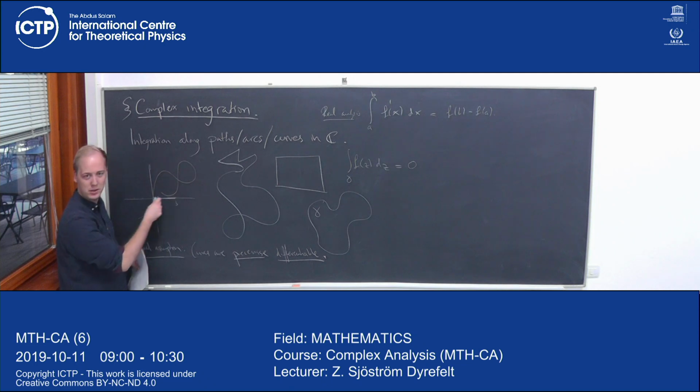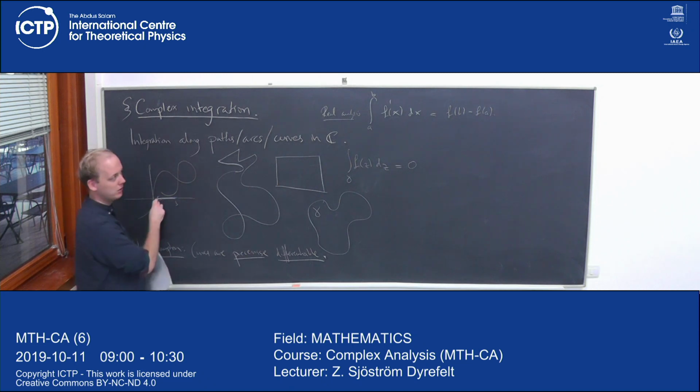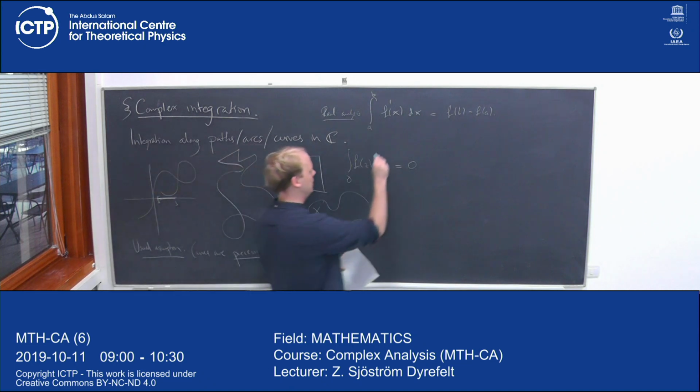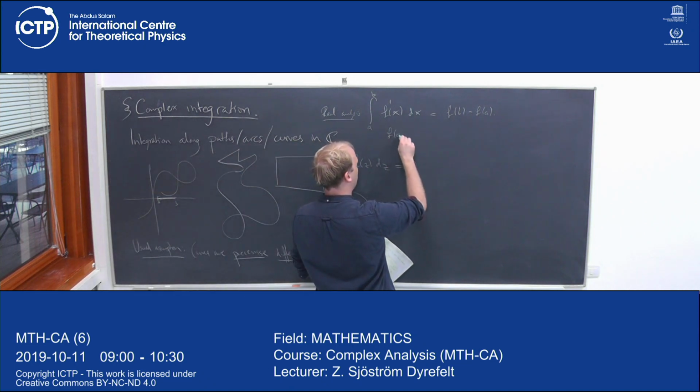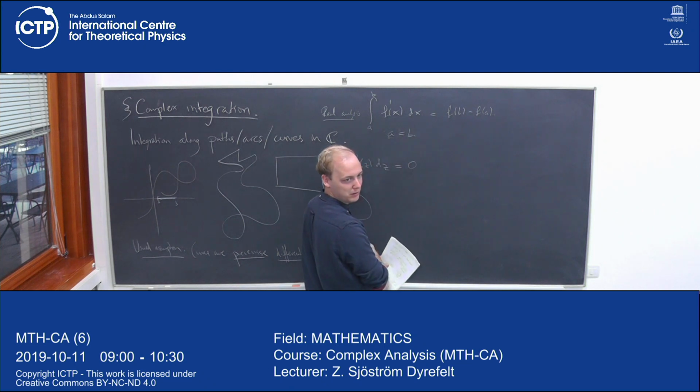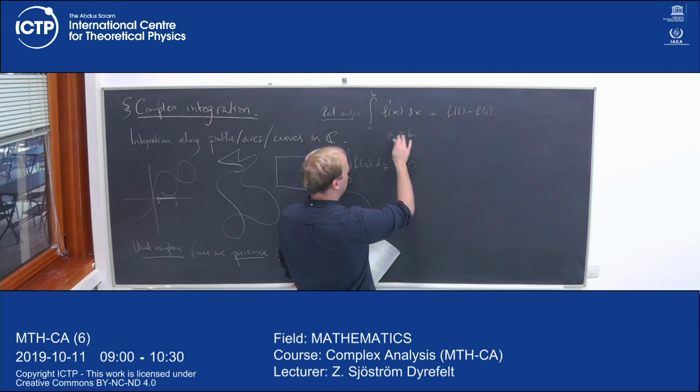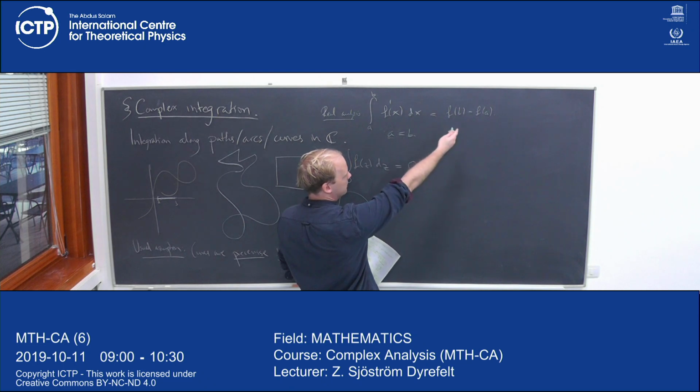So if we want a closed curve inside the real line, it would be like going here and then going back. It's the only choice we have. So a closed curve would be like having a equals b, which would be a very stupid integral. And then of course f of b would be equal to f of a, and this would be 0.